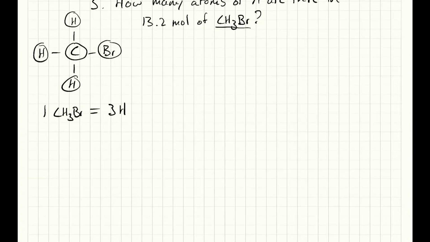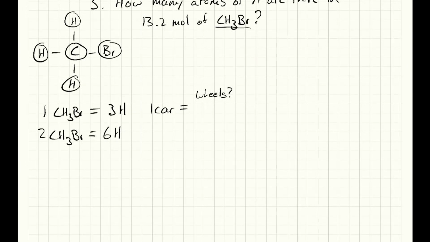So if we take this and say, okay, well, what about in 2 CH3Br molecules? How many hydrogens do we have then? We can just say that we take 2 and multiply it by the number of hydrogens. So we have 6 hydrogens. You can think about it too, and maybe I'll write this parallel. So one car, how many wheels?